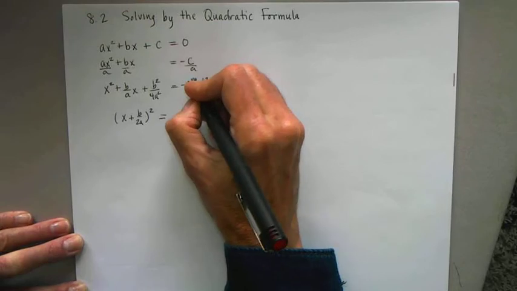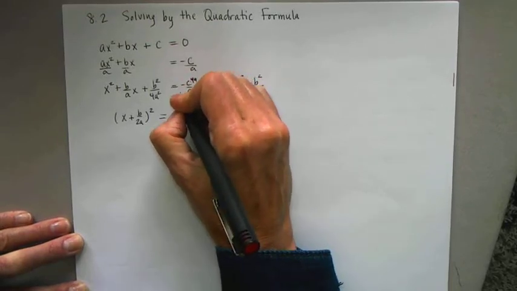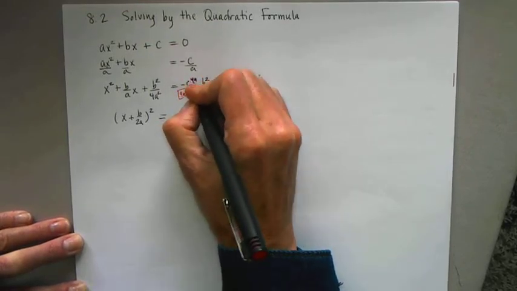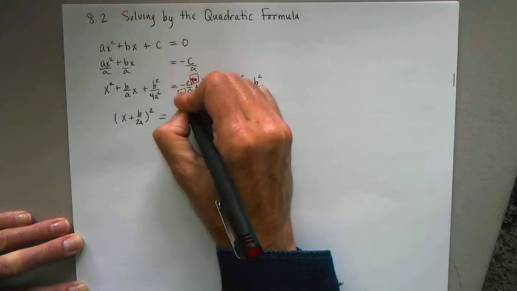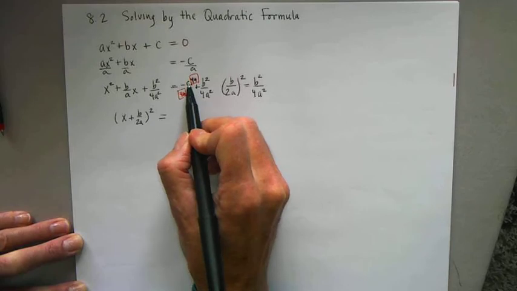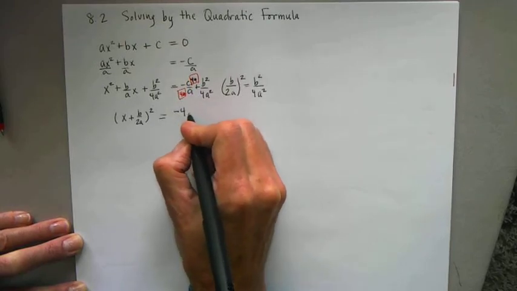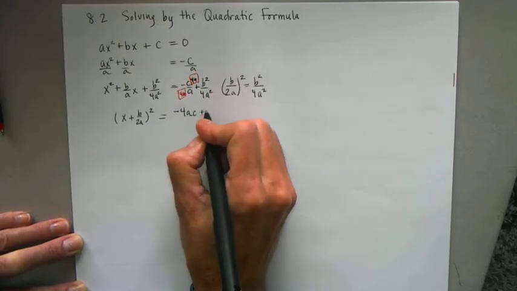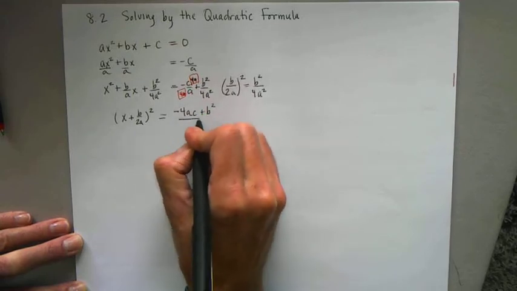And you might just put that in a box. You remember you're multiplying by it. But now I have negative 4ac, right? Negative 4ac plus b squared. And that's all over that common denominator of 4a squared.